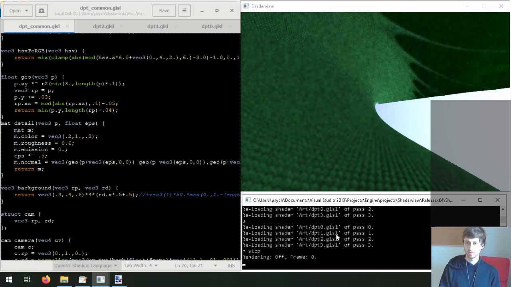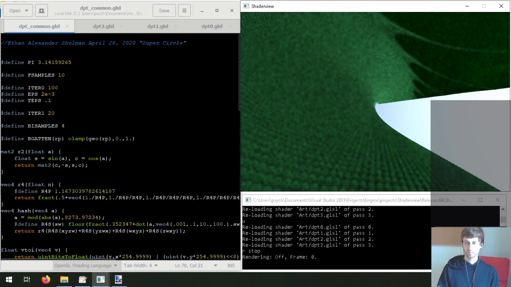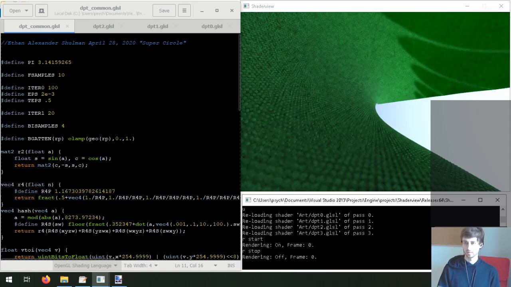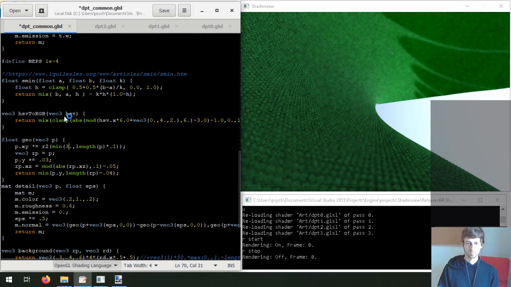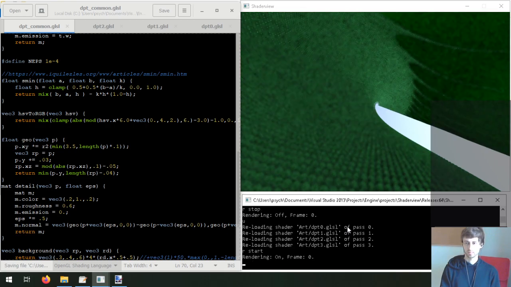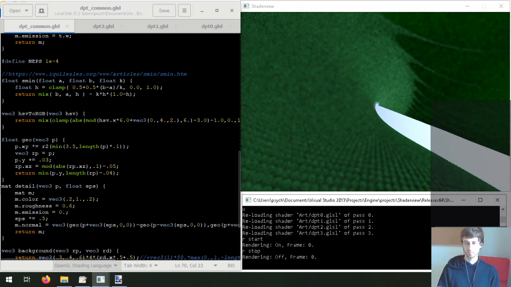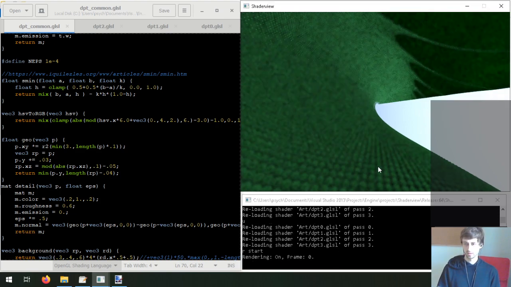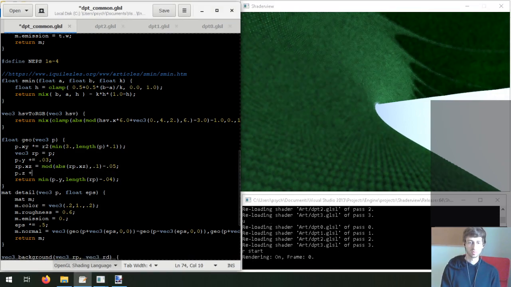Yeah, there we go. Those artifacts, but I think we can fix that. Maybe an increased epsilon would help there. And then the idea is to make these grass things move.